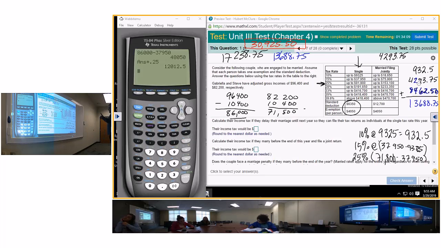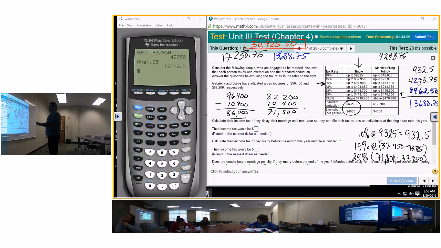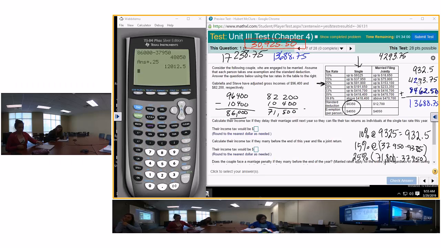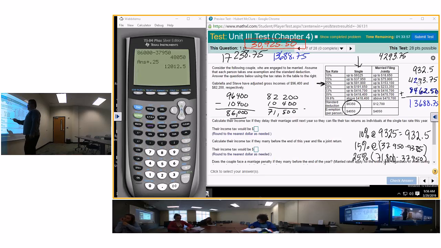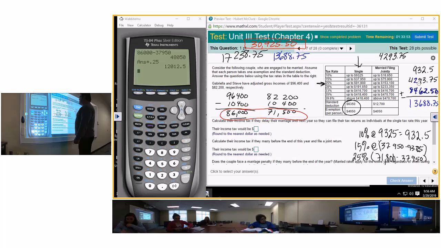Now, we got to hurry because some of y'all are going to explode. Okay, now calculate if they did a joint return. Add those two numbers up because they're going to file jointly. Add the 96.4 and the 82.2. Add those together and subtract that right there.